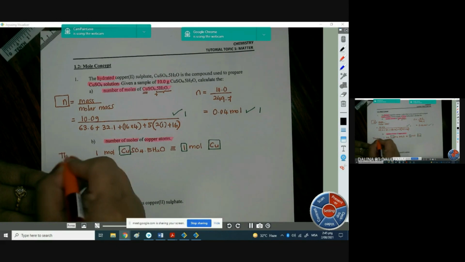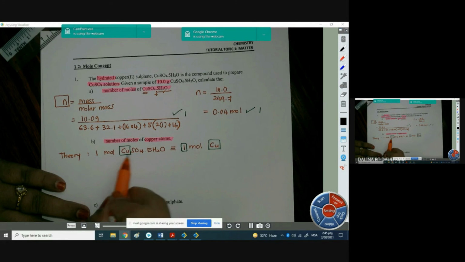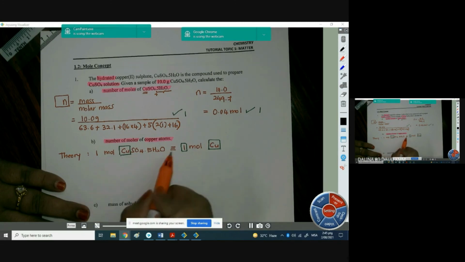Secara teorinya, 1 mole of hydrated copper sulfate is equivalent with 1 mole of copper.